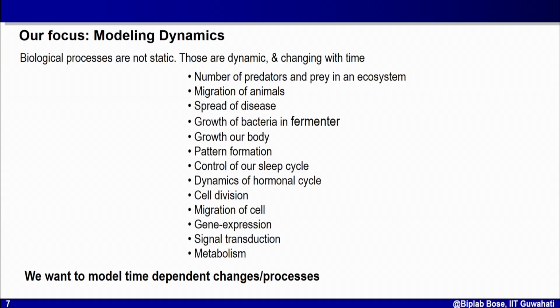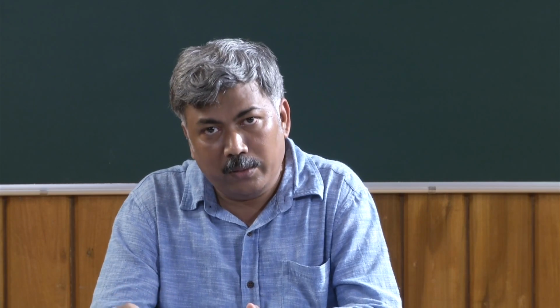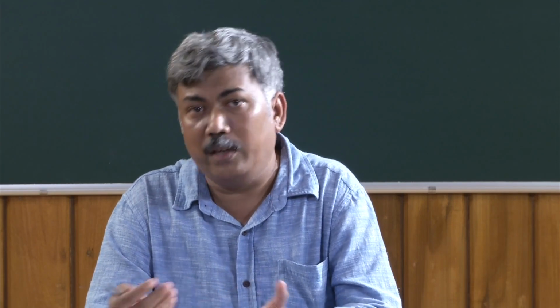So we will focus on building models for dynamical processes or systems in biology. And the most interesting thing is that the mathematical formulation, the mathematical techniques that we will use, will be the same whether you are using it for a molecular level problem or you are dealing with a population level problem. For example, the dynamics of predator and prey in a forest. The techniques and the methods that we will use will be the same.